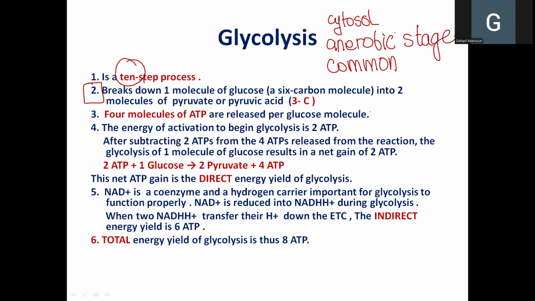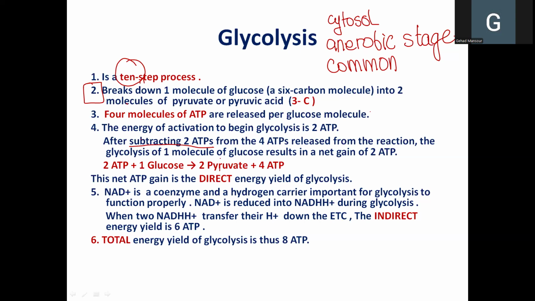So 4 molecules of ATP are released, but the energy of activation is 2. So after subtracting the 2 ATPs from the 4 ATPs, the glycolysis of 1 molecule of glucose would result in a net gain of 2 ATPs.